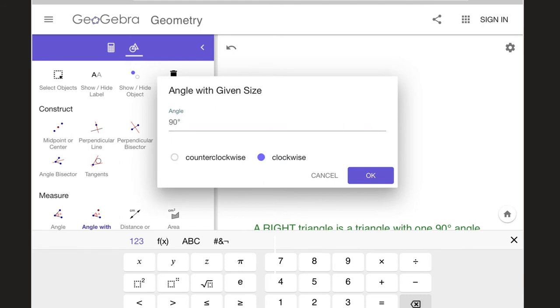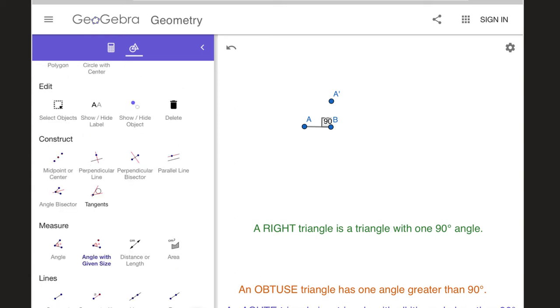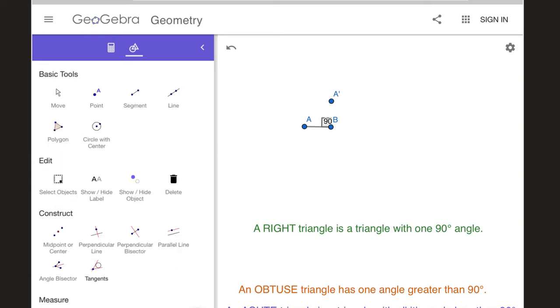Let's try counterclockwise. And we get that. And then we can finish that off. See that box there? That box tells us that's 90 degrees. So we click B, A, and then A. There's our triangle. From there, this is what we call a right triangle.